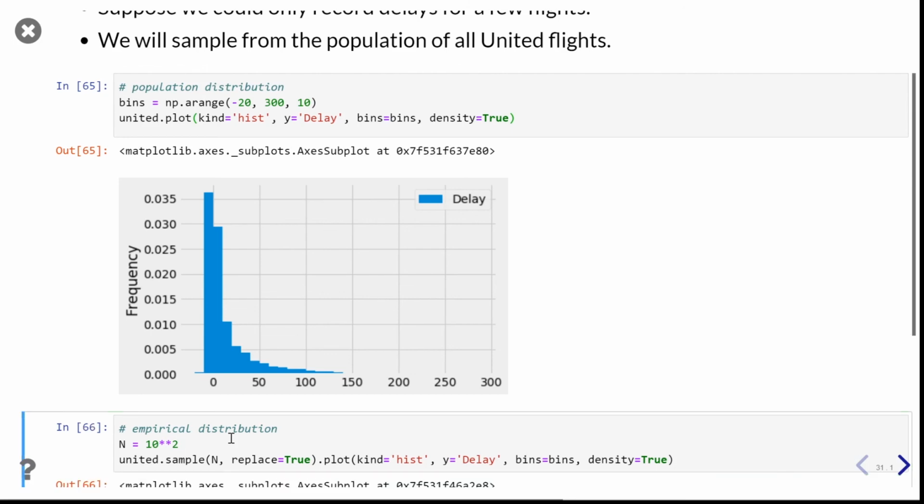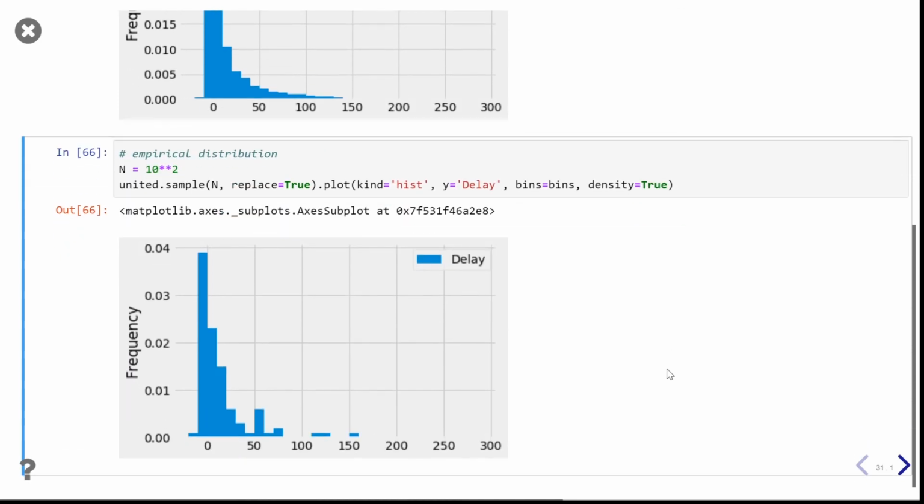So I plot it, and I see something that is kind of similar, but it looks like a low resolution approximation of this. There's this bar here, which isn't present in the original data set. That's just due to random chance. That's due to randomly, accidentally selecting flights that had 50-minute delays at a higher rate than it actually occurs in the true distribution, so to speak.